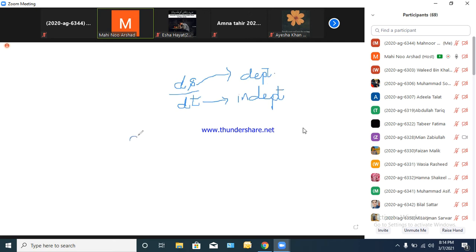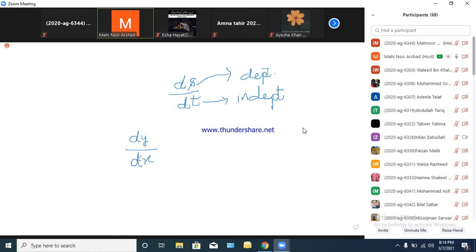When you write it like that, dy by dx, here y is dependent and x is independent. And how can you read it? You will read it like that.